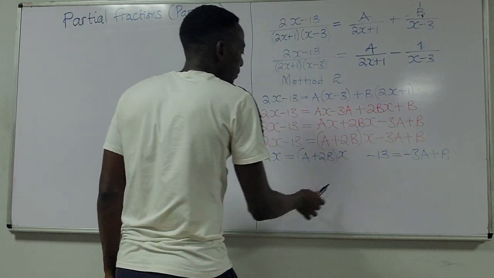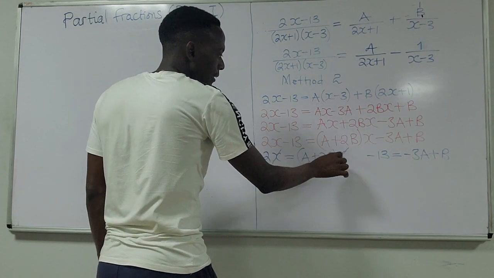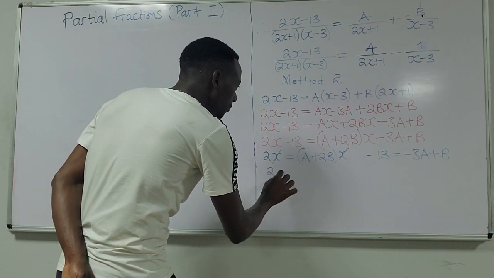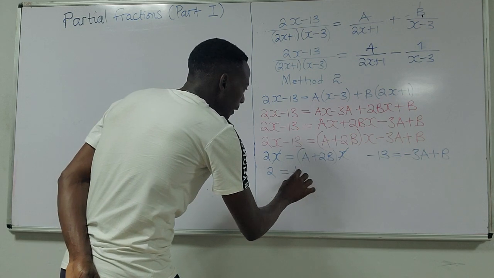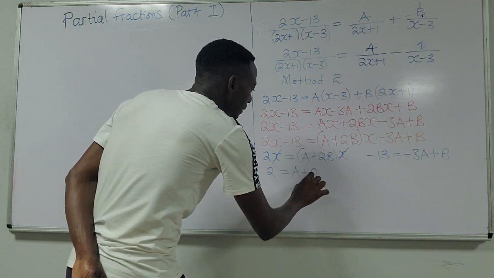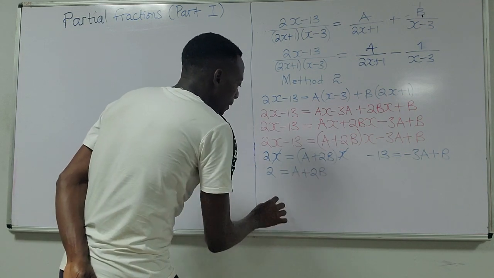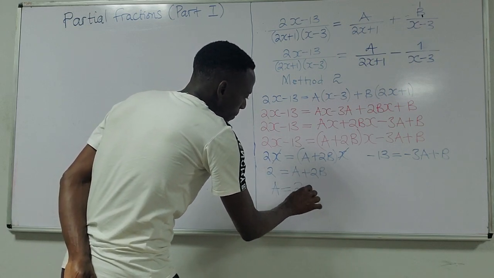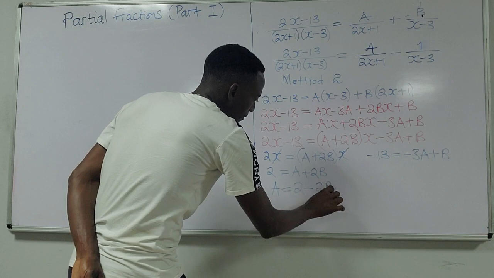These are constants. In this case, this x and this x will divide, and we remain with 2 is equal to a plus 2b. I can make a the subject of the formula here. a will be equal to 2 minus 2b.